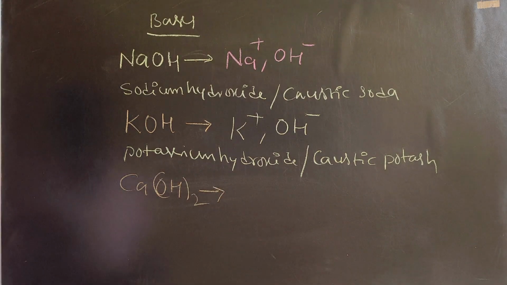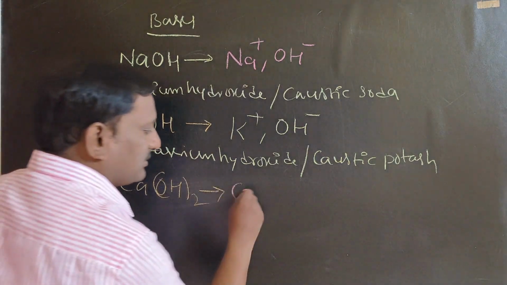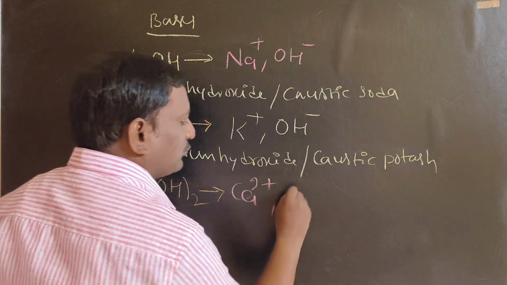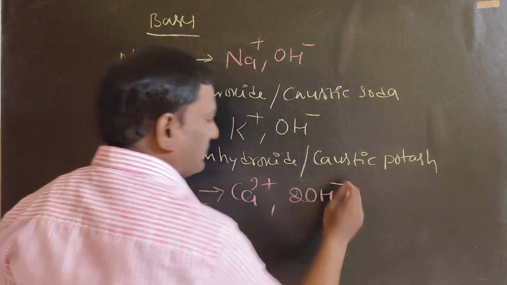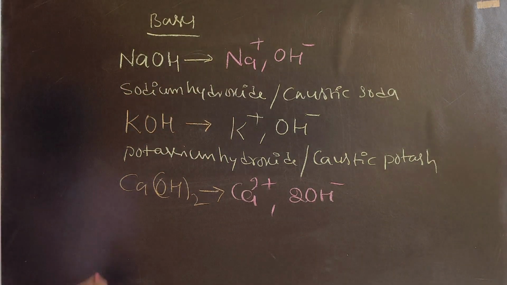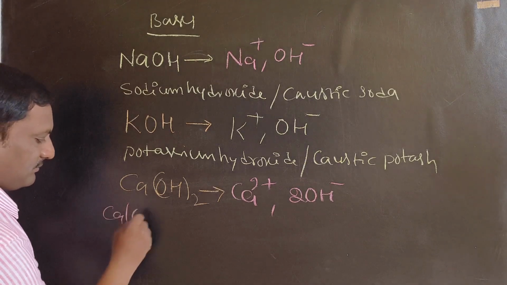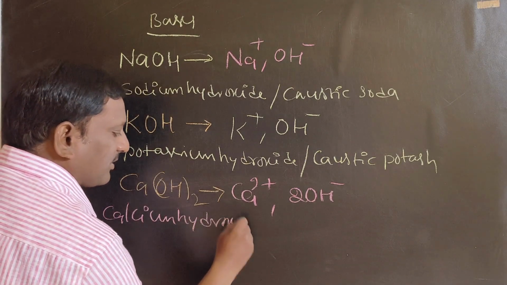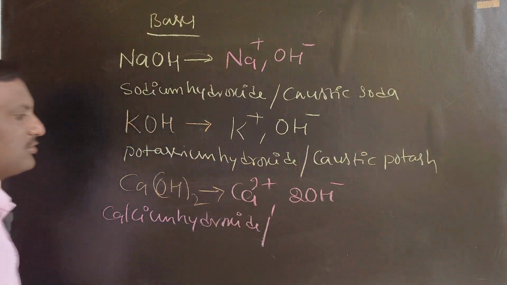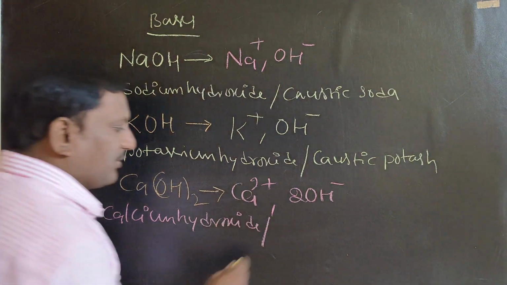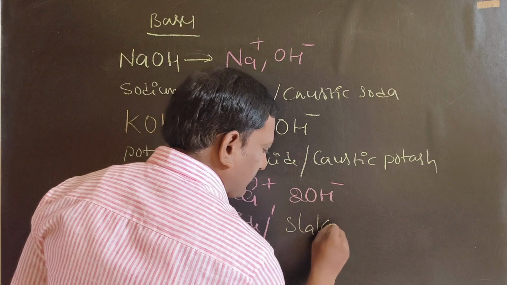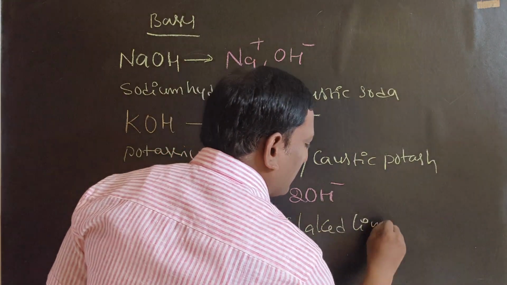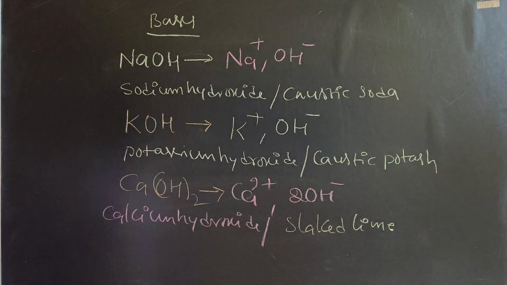Calcium hydroxide splits up into Ca2 plus and 2 OH minus ions. Calcium hydroxide is also called slaked lime. Please copy these points.